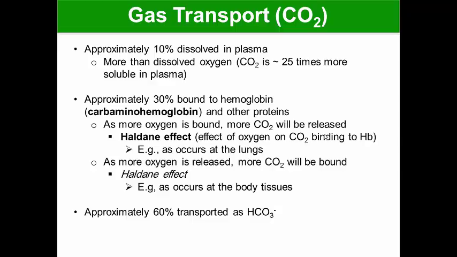So this is the effect of oxygen on carbon dioxide binding to hemoglobin. What's the meaning of this? So, as more oxygen is bound, less carbon dioxide binds to hemoglobin, and more carbon dioxide will be released. This is at the level of the lungs.